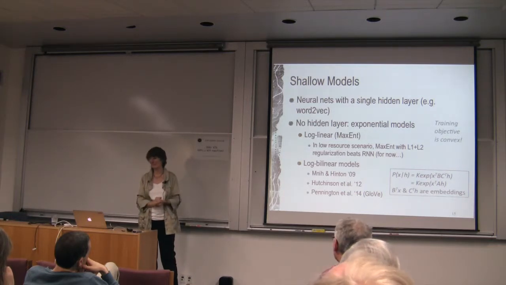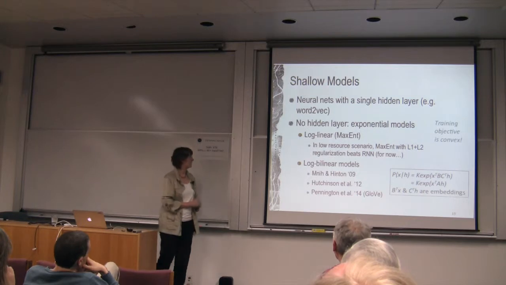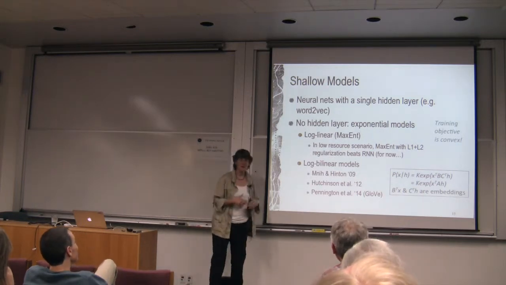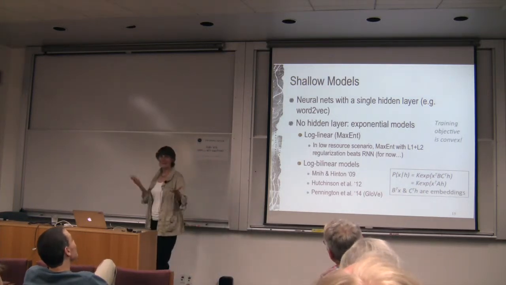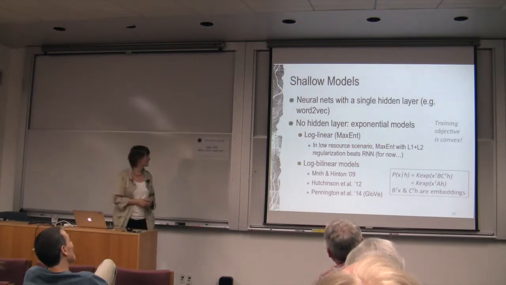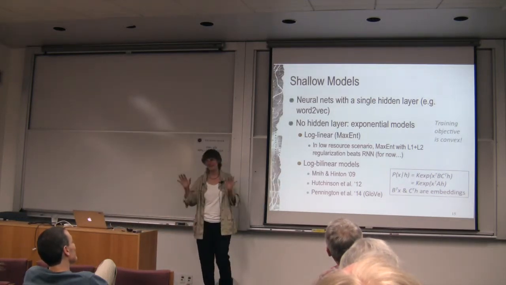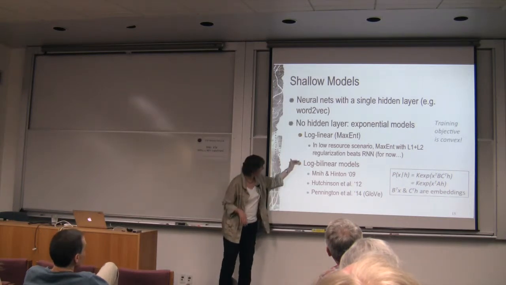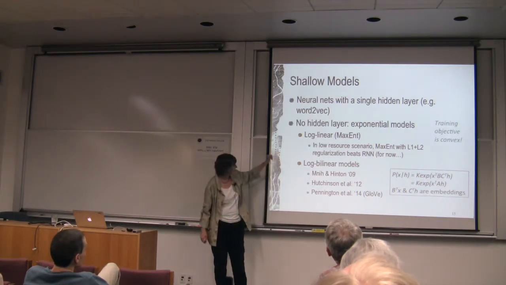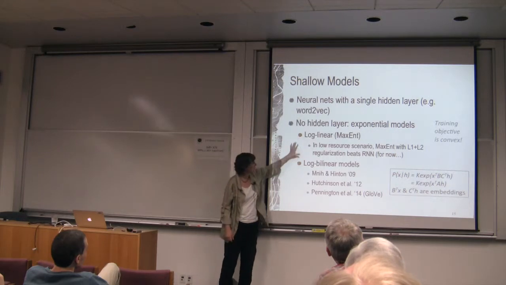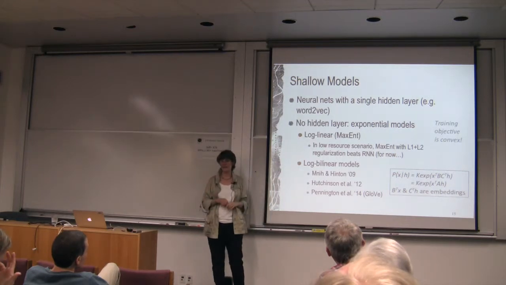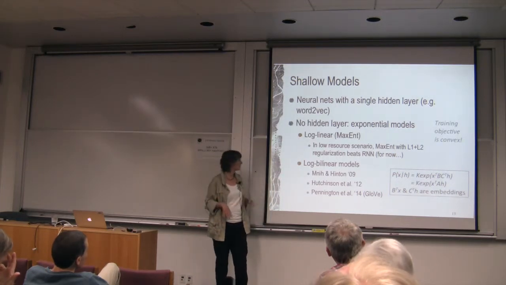Bummer, maximum entropy is winning now. So you have to think about regularizing everything. He's still going to try to get the neural net to win, just with better regularization. I should say this is with a low resource task.